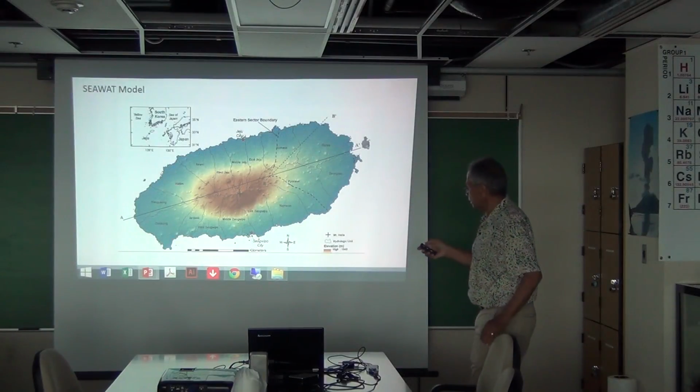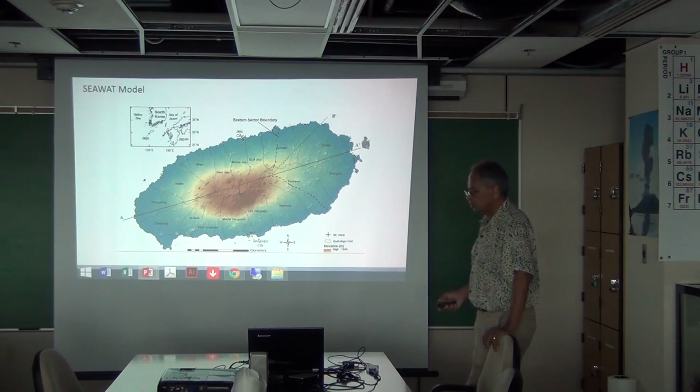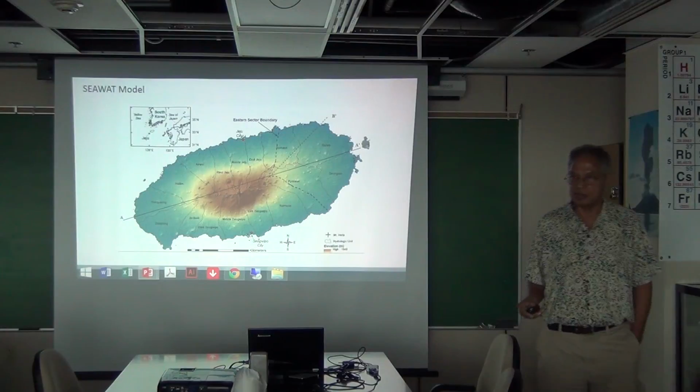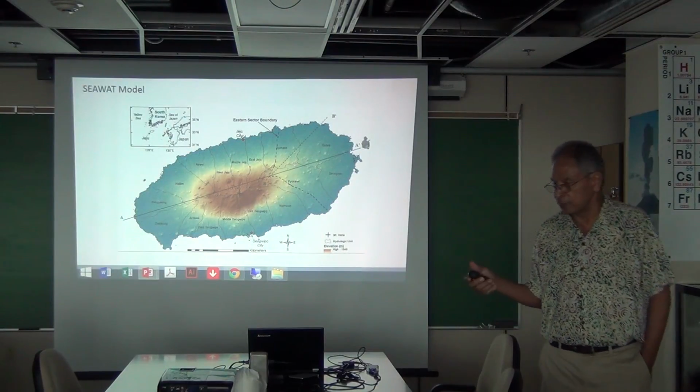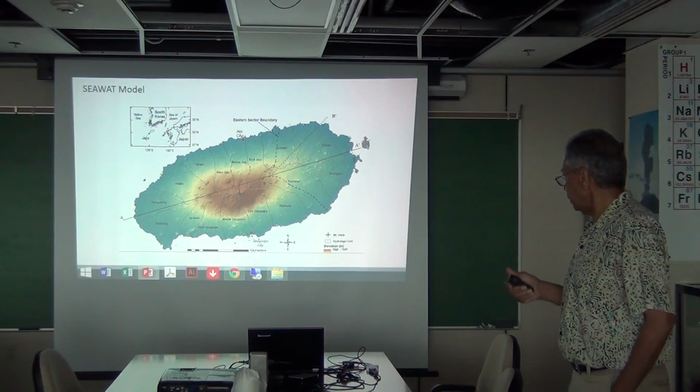So here is SEAWAT, which is for the density part. It's only for this portion of the island here. Okay? So just this eastern section. Why? Because SEAWAT is hungry for data and for execution time. It takes too much.